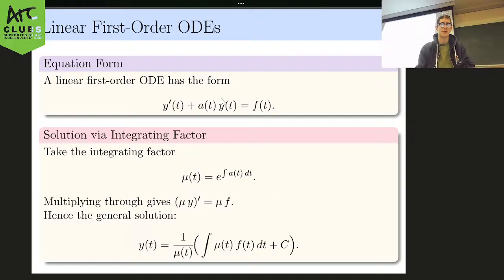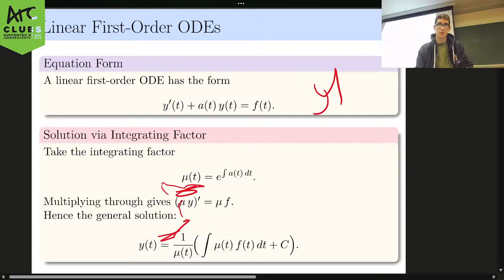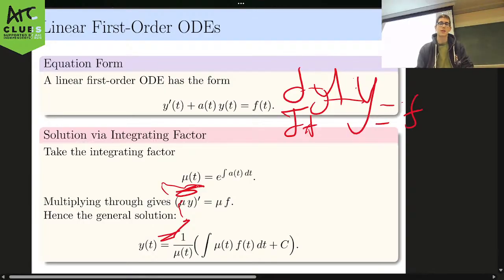So we multiply it by this integrating factor, this little mu here, such that when we multiply that to both sides, we can write the equation as the derivative of mu times y, and setting that equal to f times mu, right?